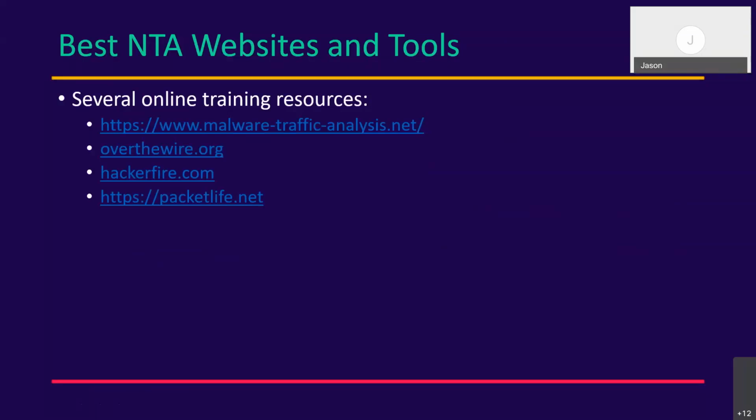Packetlife.net not only gives a bunch of cheat sheets and tutorials, but it also has some basic packet capture files that more accommodate beginners. So Packet Life is actually probably where I would go to start. If you guys are interested in network traffic analysis, that's the website that I would start with. And I'll actually go through and show you these websites a little bit once we're at the end of the slide here.